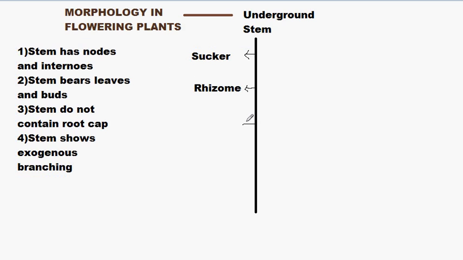We will talk about them one by one in this video, and I have some pictures with me, so it will be easier for you to understand. So first let's start by listing them. The next one will be the bulb, as seen in the onion bulb.